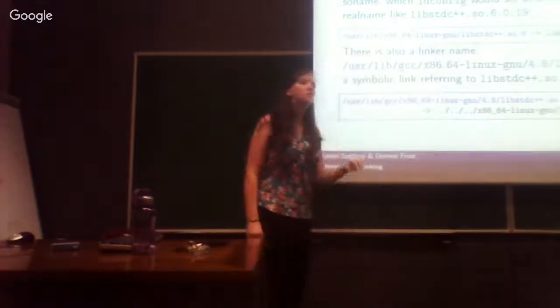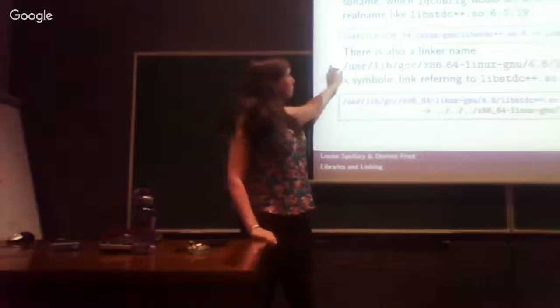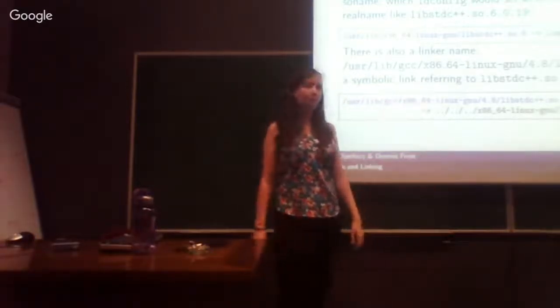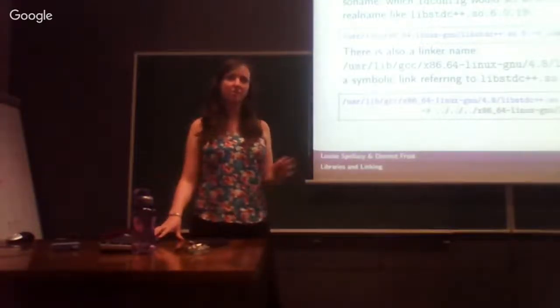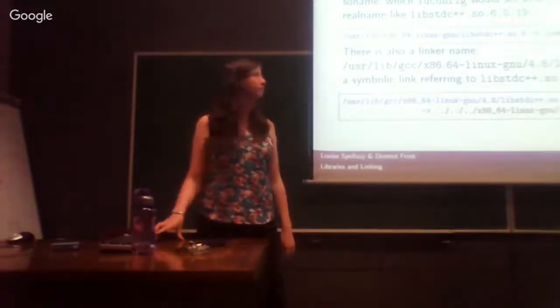So it's version 6 with minor number 19. Then we also have the linker name, which is a symbolic link to the SO name. Okay, so we'll get past this in a minute, just to give you an idea of the naming conventions and why we'll be doing all the compiling that we're doing later.